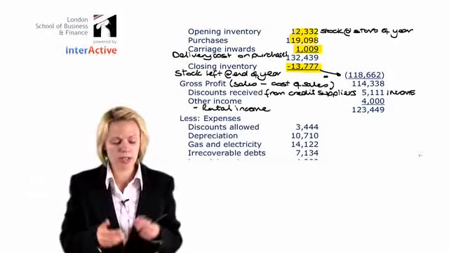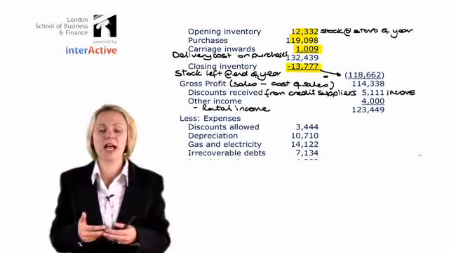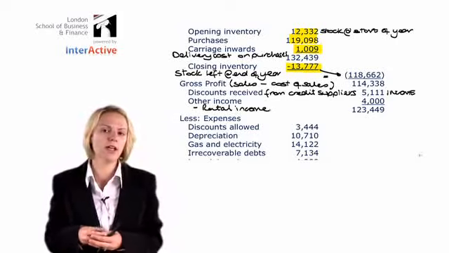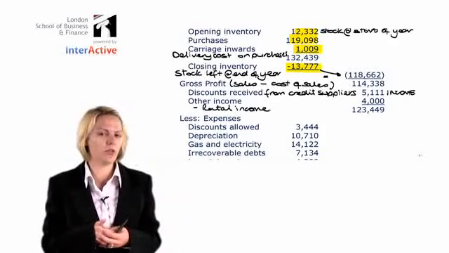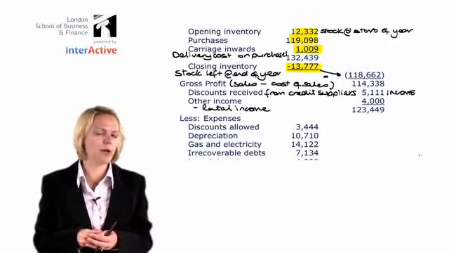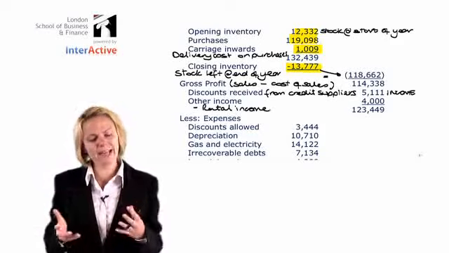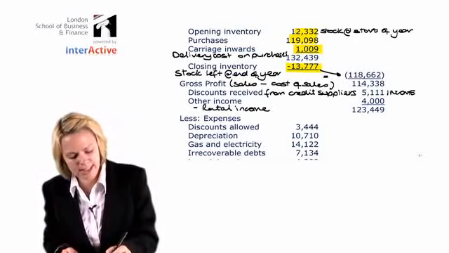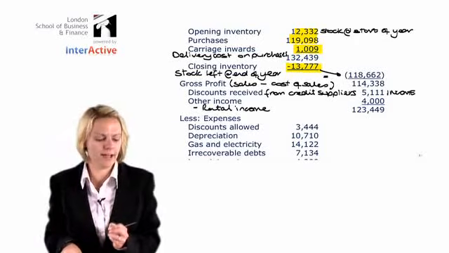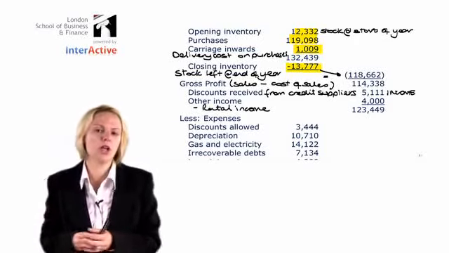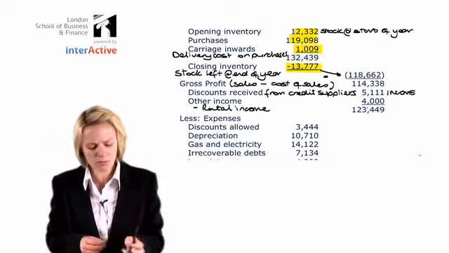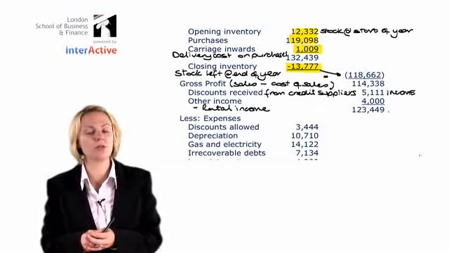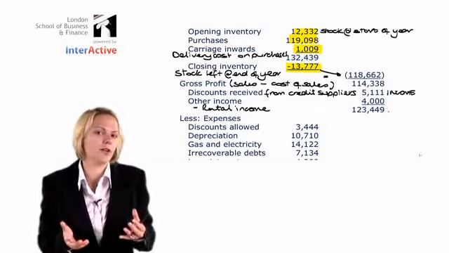Okay? So you could have rental income, you could have commission that you receive from referrals. Okay? There's lots of different forms of other income which you'll come across throughout the course. But any income that's not your day-to-day trading income is essentially added to gross profit and then subtotaled once again. Now that subtotal doesn't really have a name, it's just a subtotal. Gross profit plus other income, if you like.